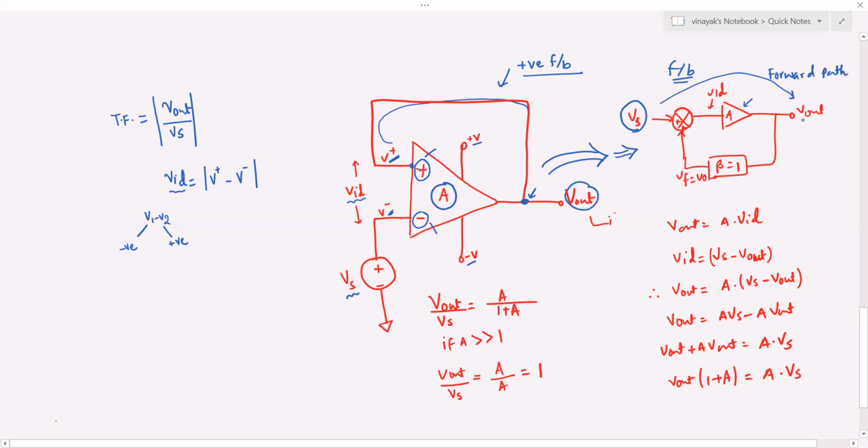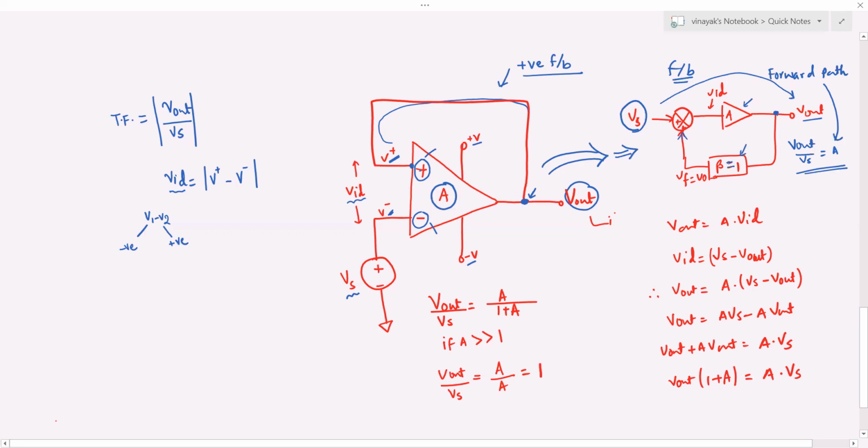And the forward path output to input, V out divided by Vs, will be the gain. This is the transfer function for a forward path. But now we are having the output fed back to the input through another circuit block called the feedback circuit.